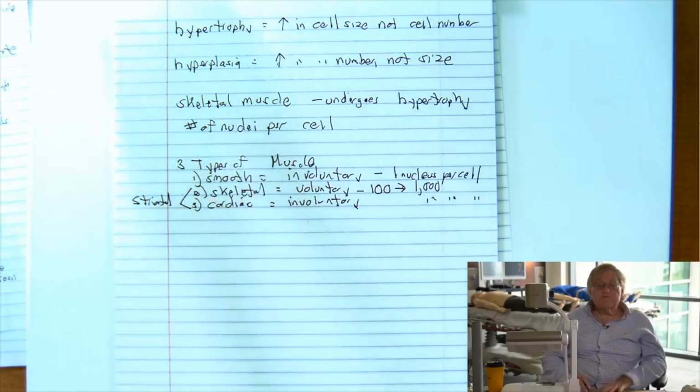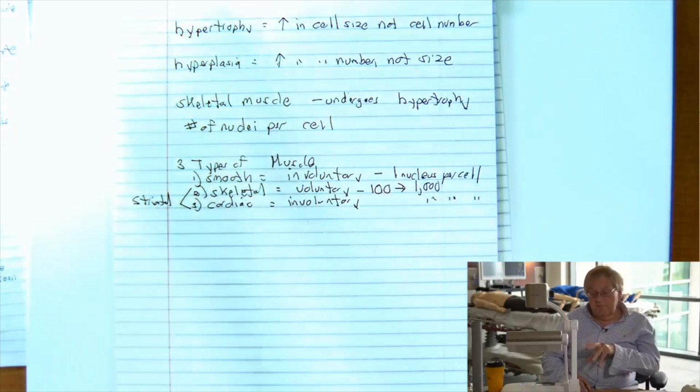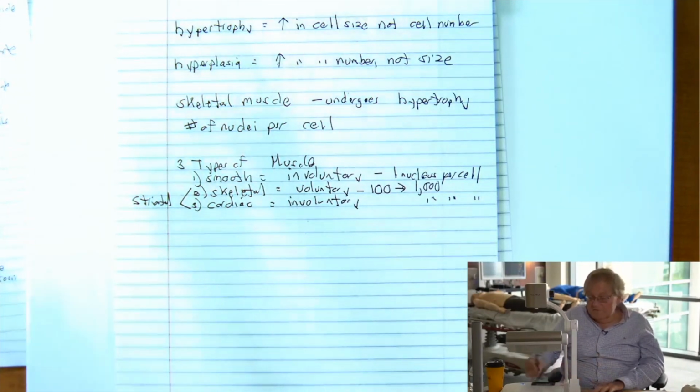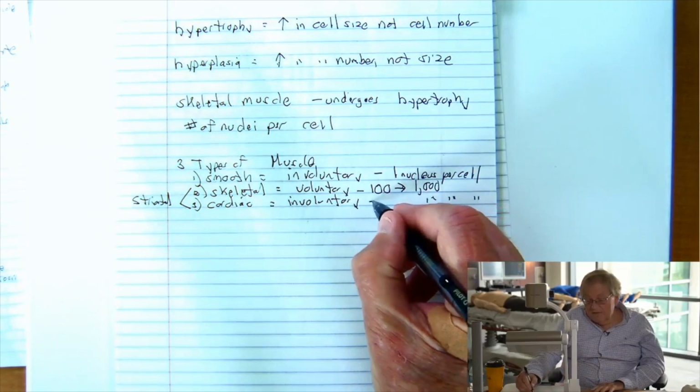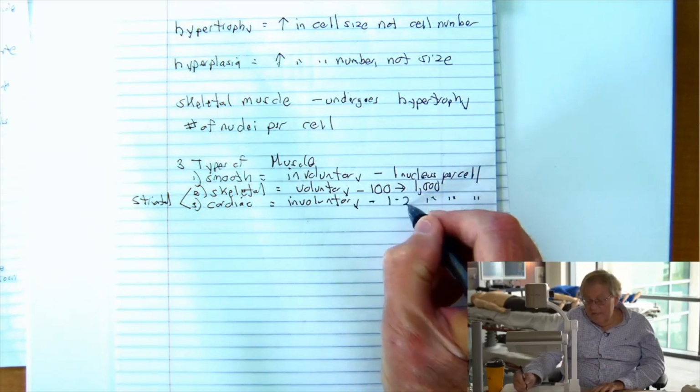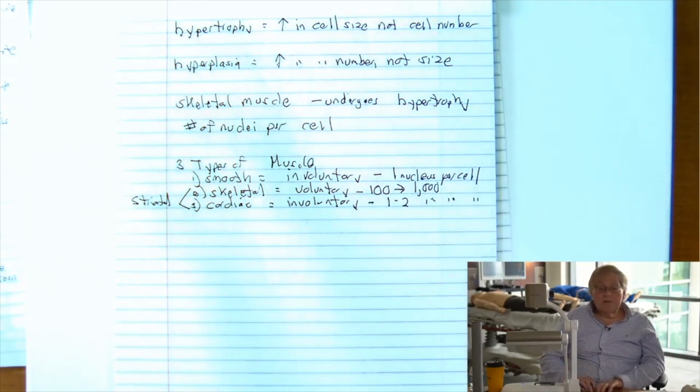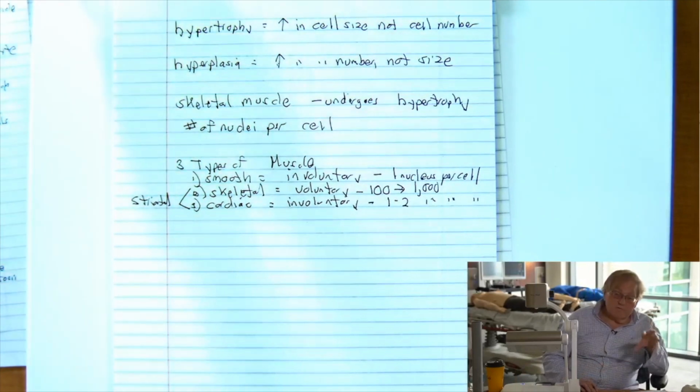Striated means they're striped, whereas smooth muscle is not. So therefore, cardiac muscle, even though it's got 1 to 2 nuclei per cell, is going to be the most organized muscle of all three.